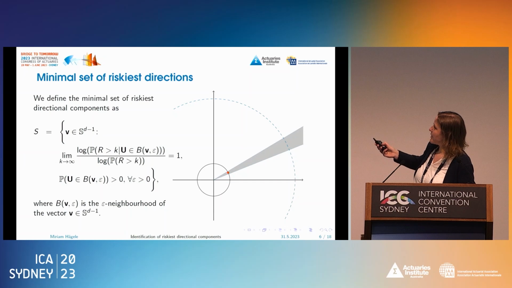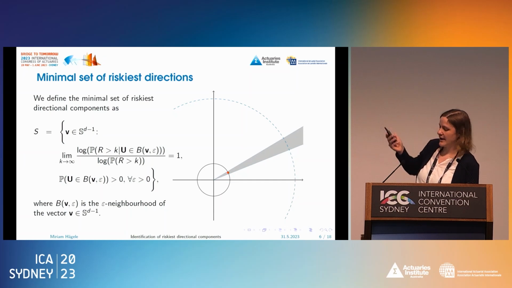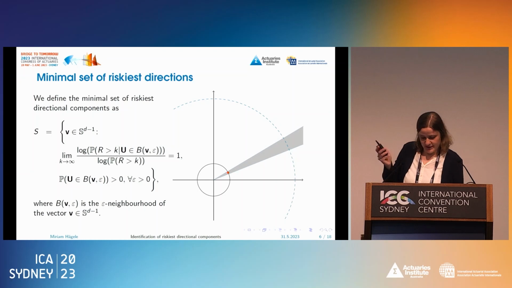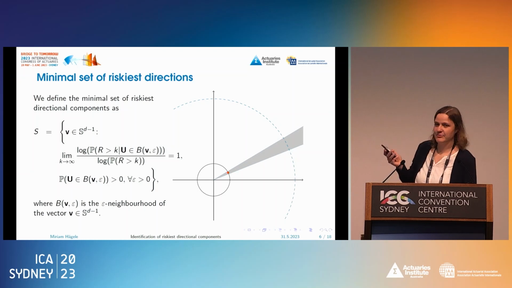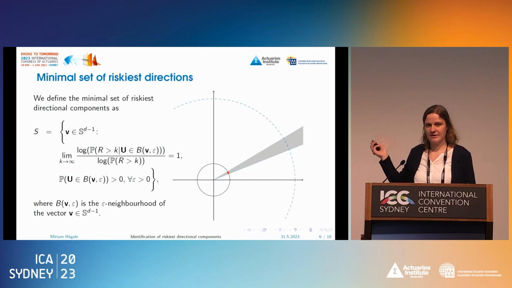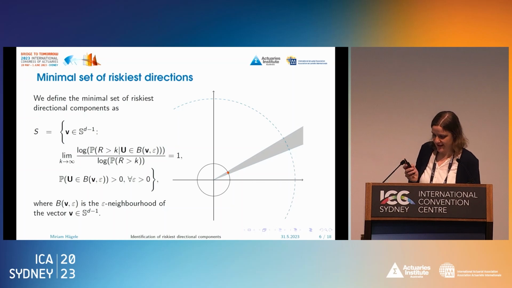We compare this to the denominator, where we have the probability in general that we go outside of these big circles, so we have large risks there.